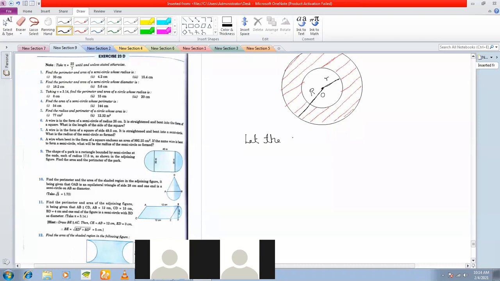So I start by saying, let the inner radius be small r and the outer radius be capital R. What is the area of the outer circle?